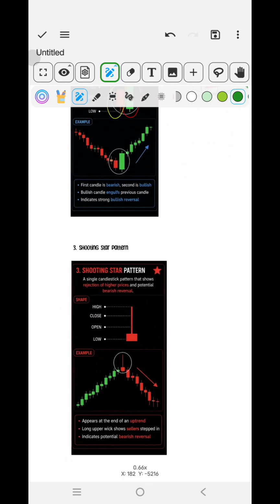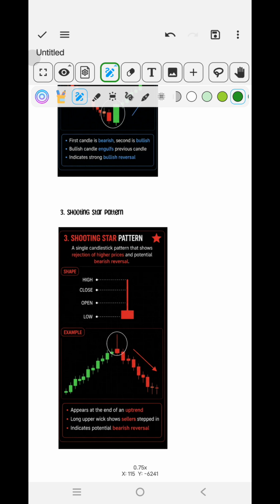Now, today's last candlestick pattern is the shooting star pattern. The shooting star has a small body and a long upper wick.